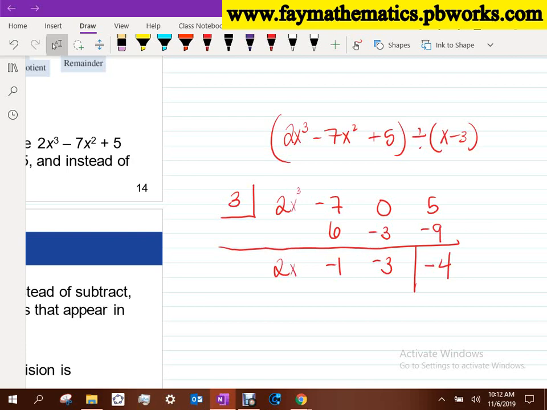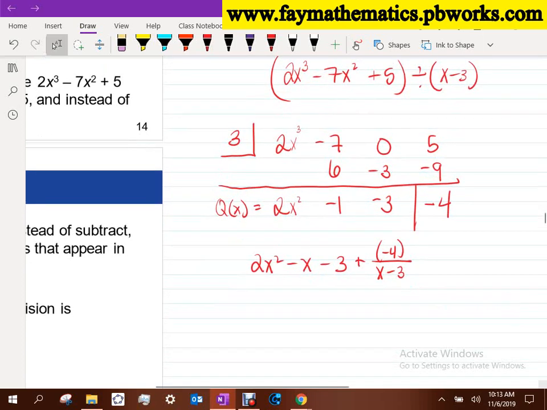So this quotient row here, q of x, is going to equal 2x squared minus x minus 3, right? If I'm going to add my remainder to that, I will then say plus -4 over x minus 3, right?